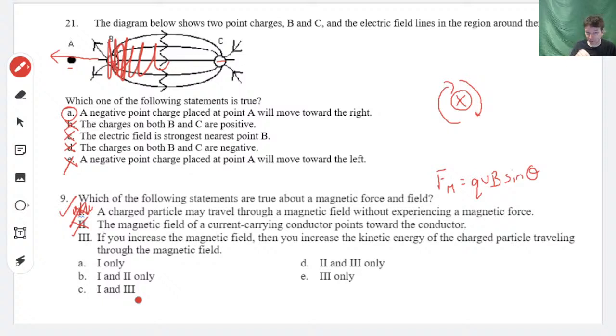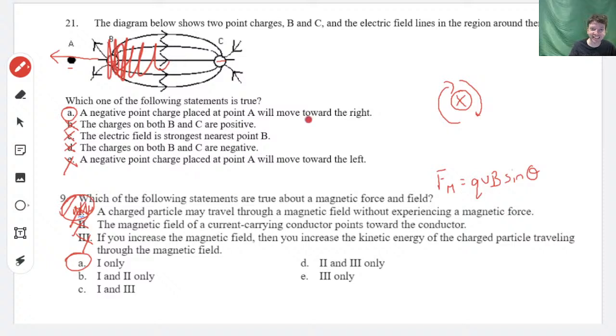But that force is a centripetal force that always acts perpendicular to its motion. And so that force only ever changes the direction of the particle and not its speed. Sorry, so the velocity does change, but not the speed. Because the speed doesn't change, you do not change the kinetic energy. So that's wrong. So only number 1 is right. So our answer is A.